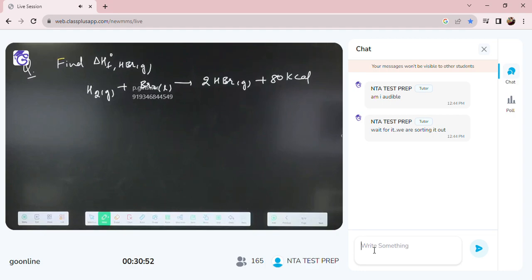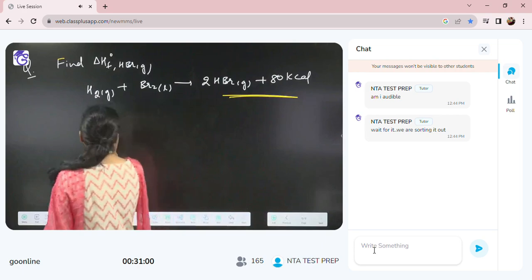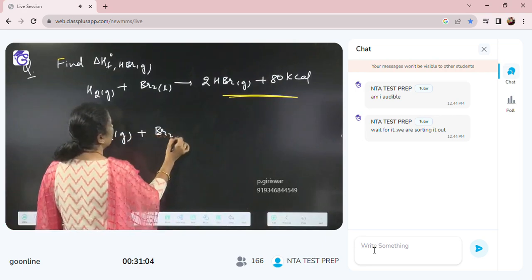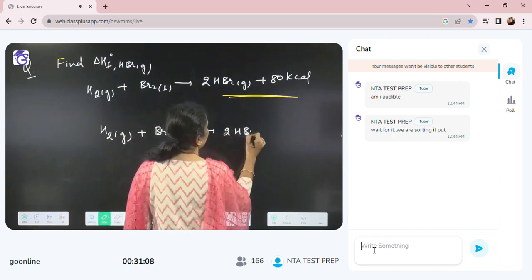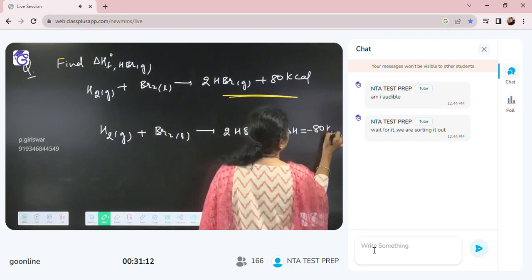Yes, Raymond, correct. Good. First of all, you should be able to see that this is an exothermic reaction. So I should be writing H2 gas plus Br2 liquid giving twice of HBr in the gaseous form, and delta H is minus 80 kilocalorie per mole, right?